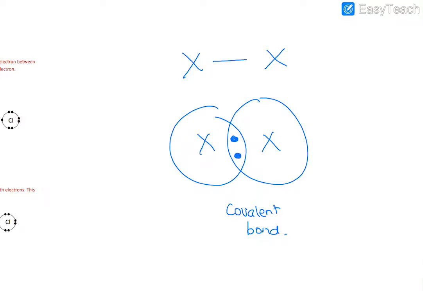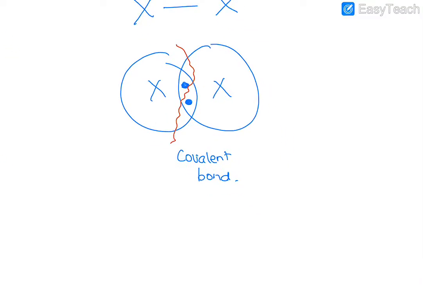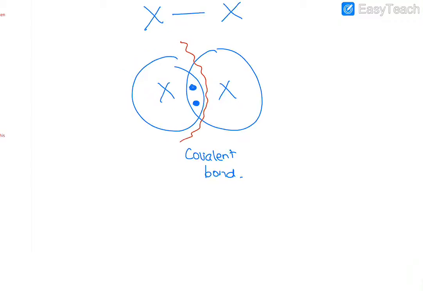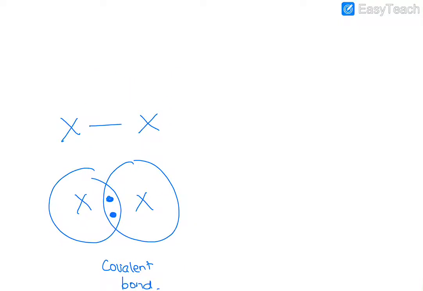Either it breaks in a uniform way where both of these get 1 electron, or it can break in another way where only one of them retains both electrons. So you can have 2 types of bond breaking, or also known as bond fission.